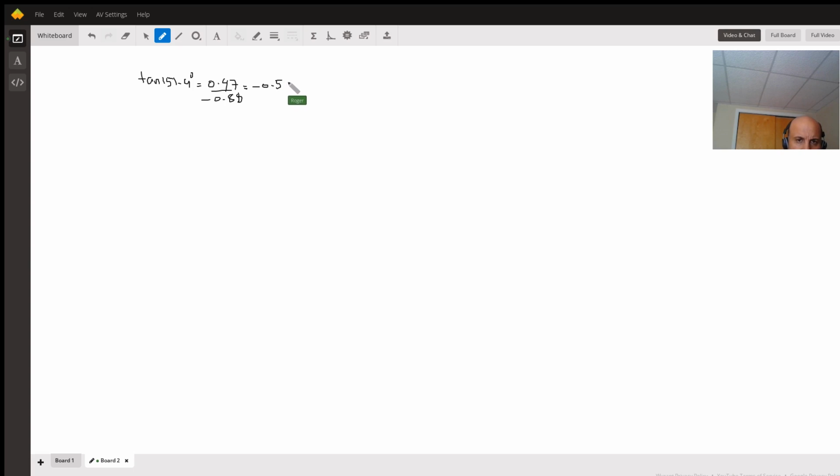I'm going to call that minus 0.53. So what's cotangent of that angle? Cotangent of 151.9 degree. Well, cotangent theta is nothing but 1 over tangent 151.9 degree.